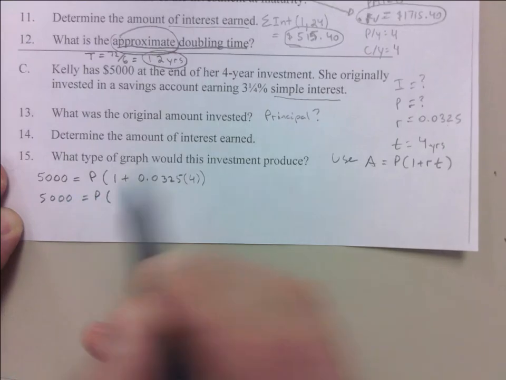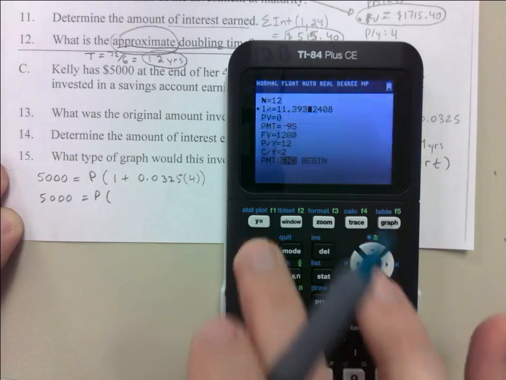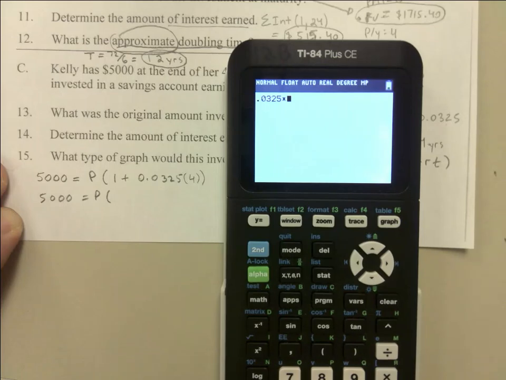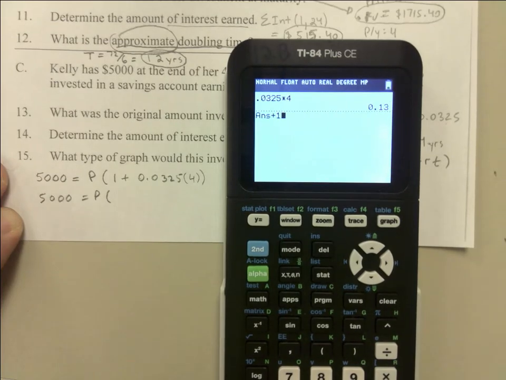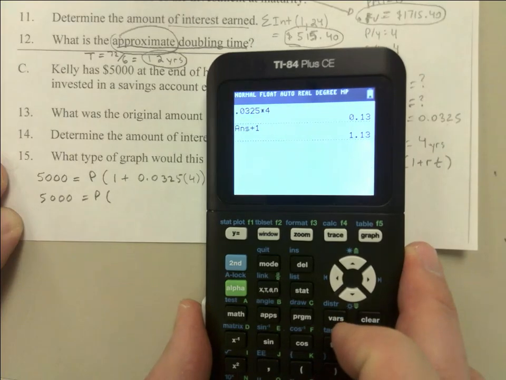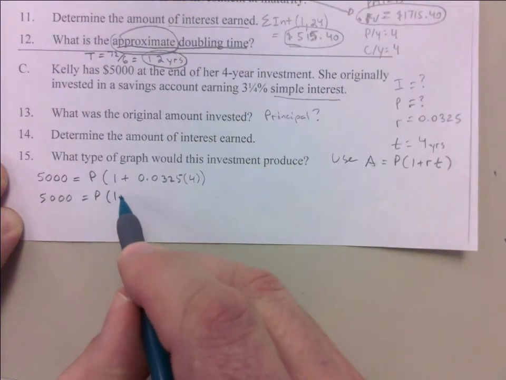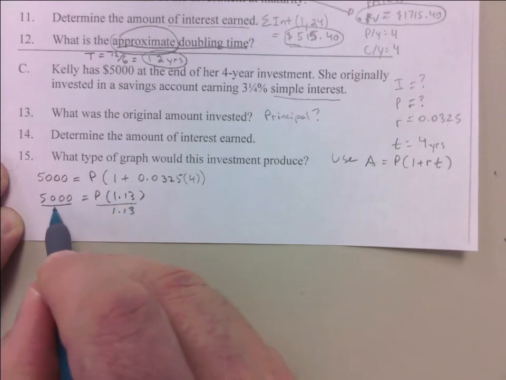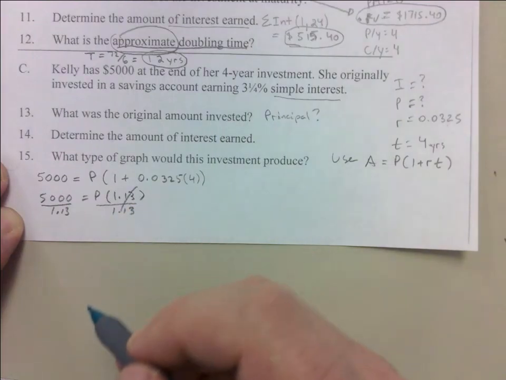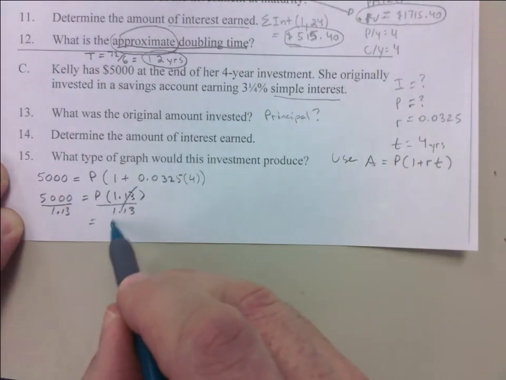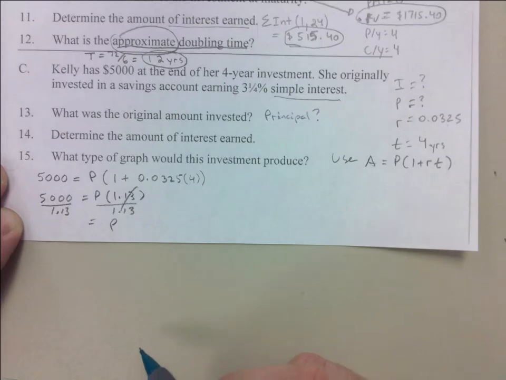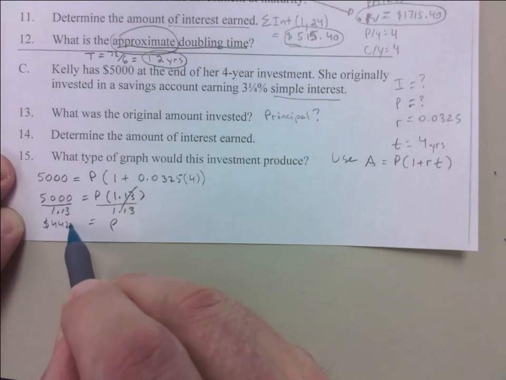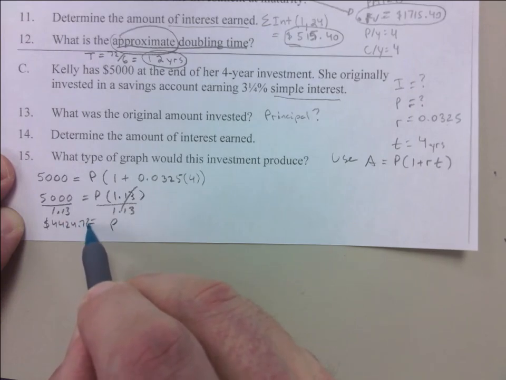Let's clean up whatever's inside the brackets, shall we? 0.0325 times 4 plus 1, that's 1.13. All of this is just 1.13. Divide both sides by 1.13. The principal is $4,424.78.